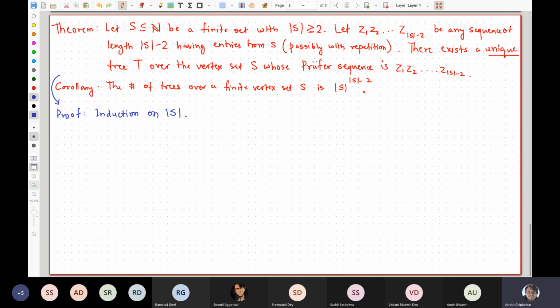Okay, induction on size of S, base case is what? Base case is size of S equal to 2. So what happens?